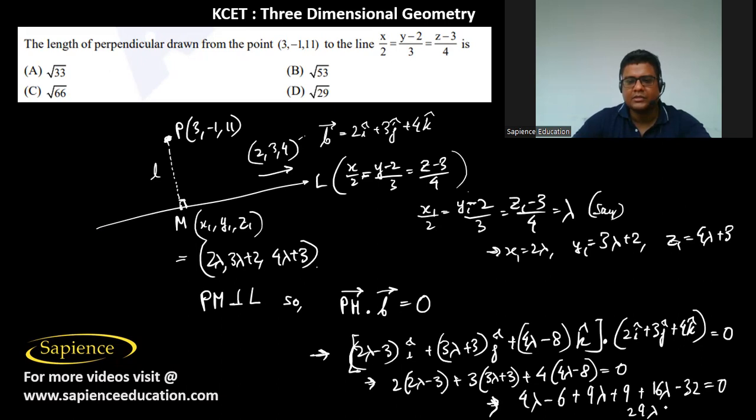So 29 lambda will be equal to 6 plus 32, that is 38, minus 9, that is also 29. So lambda will be equal to 1.